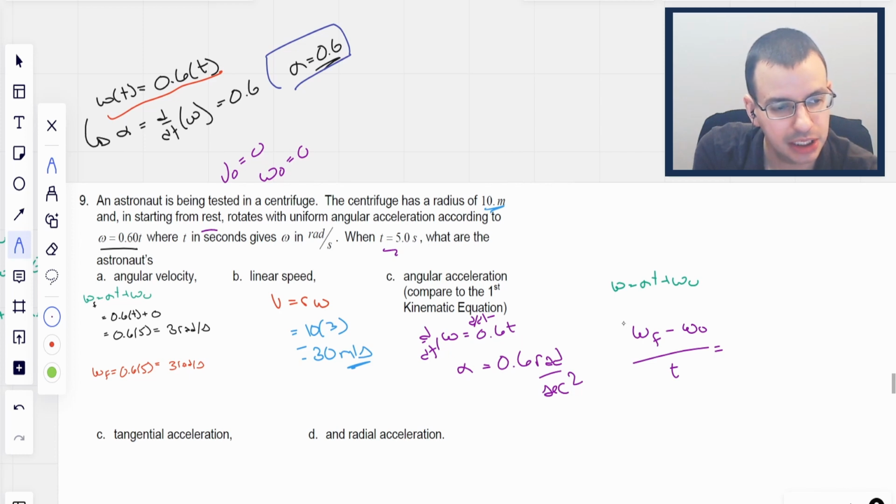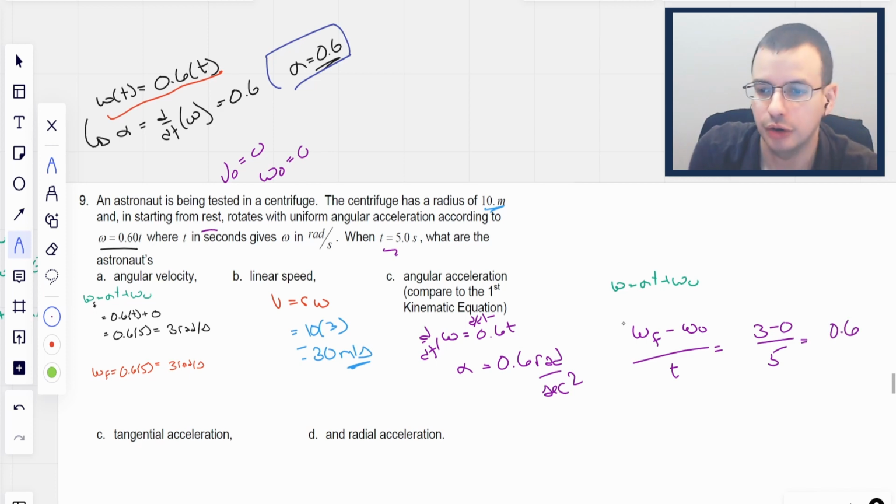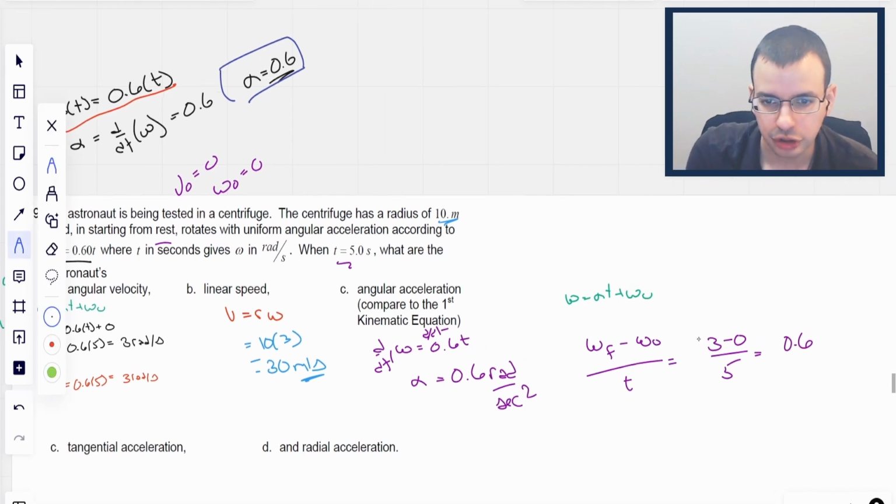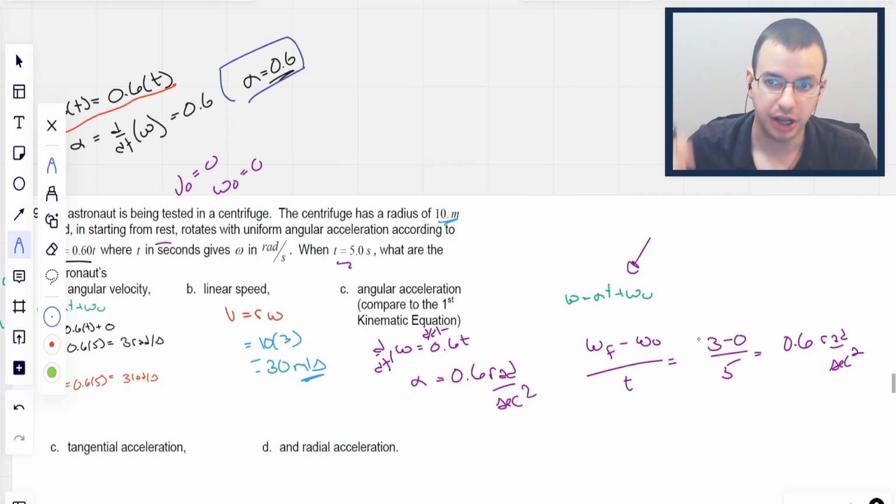So this is going to be 3 minus 0 over 5, which gives us 0.6 radians per second squared.